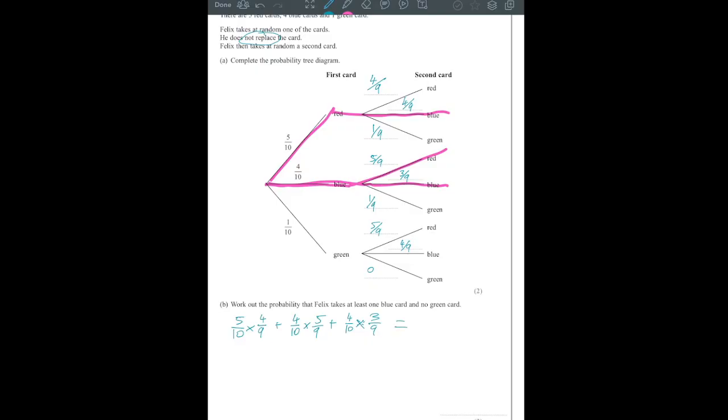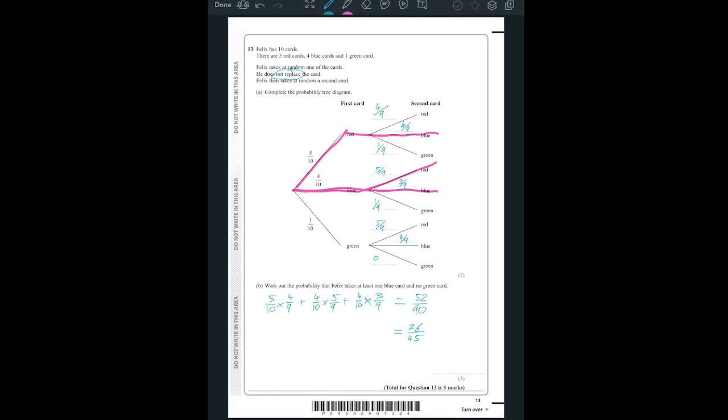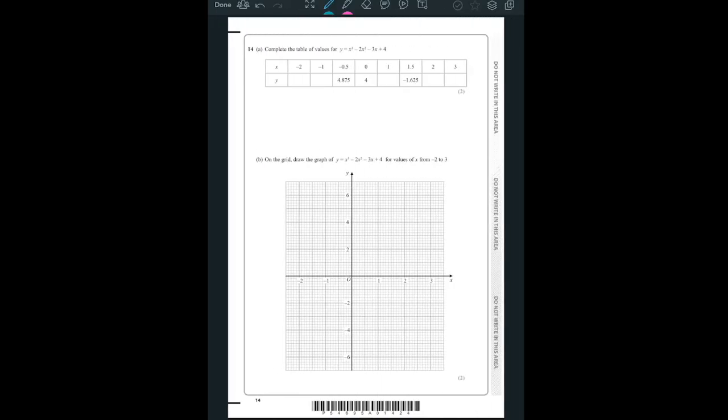And totaling all of those up, I think is 52 over 90. I've just multiplied the tops and then added them together. I am going to use the calculator to simplify, because that definitely is a fraction that simplifies, although not particularly excitingly. 26 over 45. Nice tree diagram question, despite being a 3 tree.